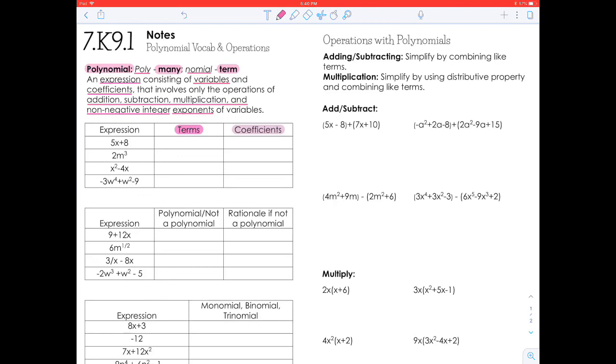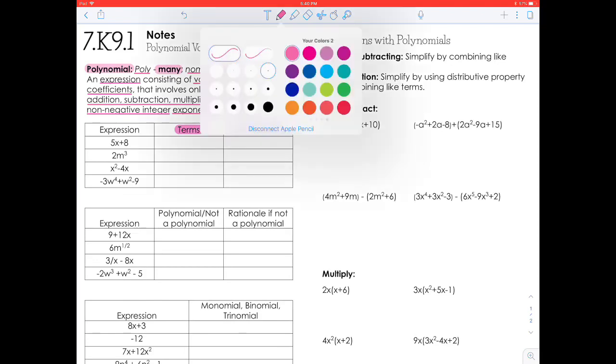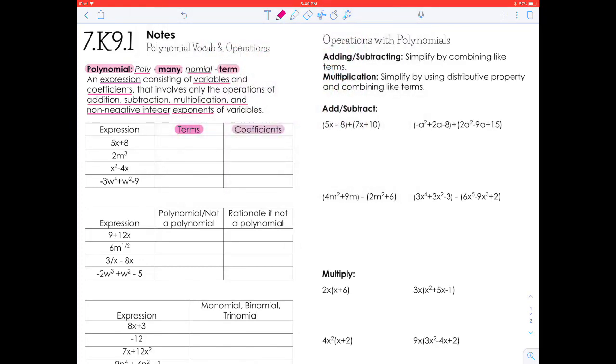A term is basically, where do the different numbers separate? 5x is a term. 5x represents one number, so it's its own term. And then 8 is the other term. That's a different number. So those are the only two terms in that expression.